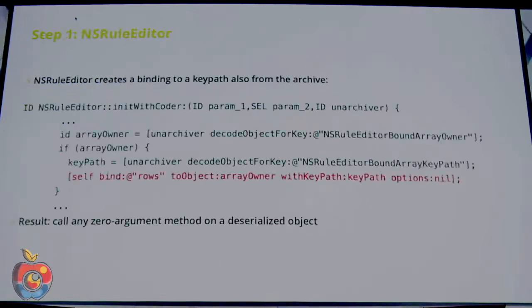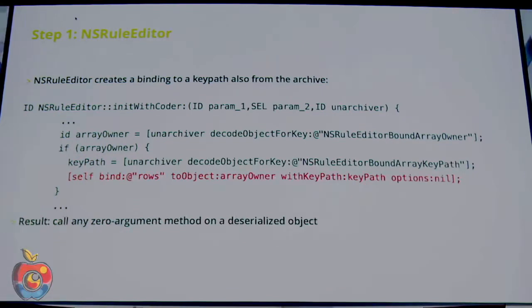Then the first step I found was the NSRuleEditor. And when this object is deserialized, what it will do is it will create a binding to another object using a key path also from the archive. So bindings, if you're not familiar with macOS development, they're basically like a reactive programming technique where you can just directly connect a model to a view without having a controller full of boilerplate code in between.